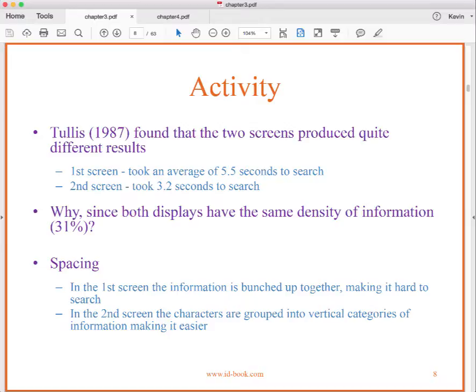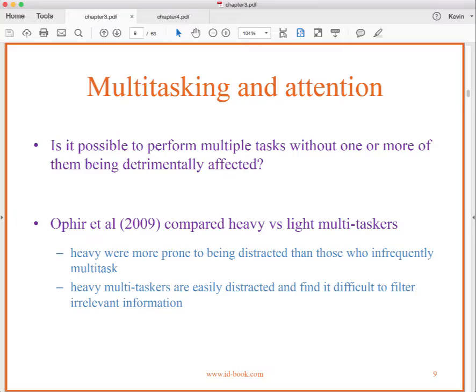And yet they have the same physical density. In the screen where the information is all bunched up together, it's hard to search. Where it is grouped and organized physically, appropriately, it makes it easier to search. So for searching, physical organization of information in the user interface can be a great aid. Not surprising, because it's consistent with our traditional tips and tricks.